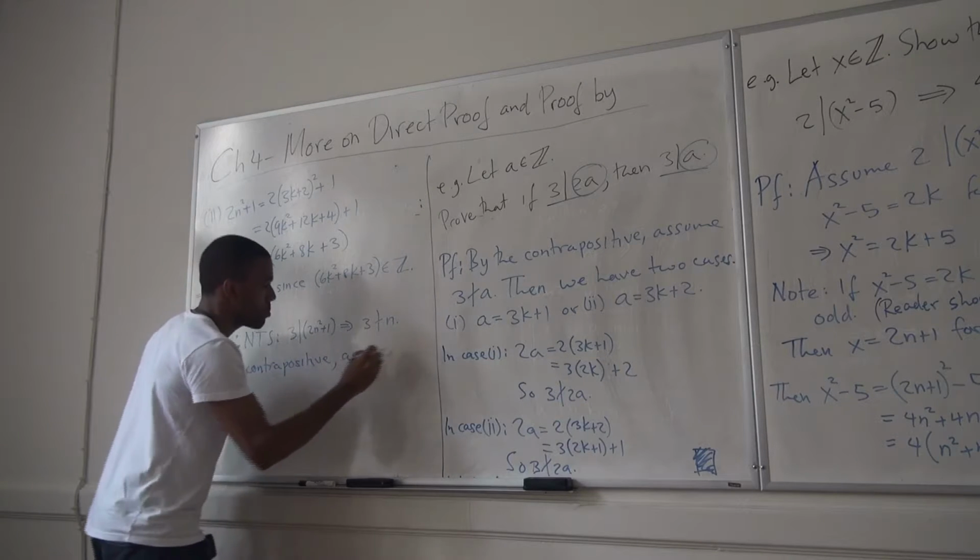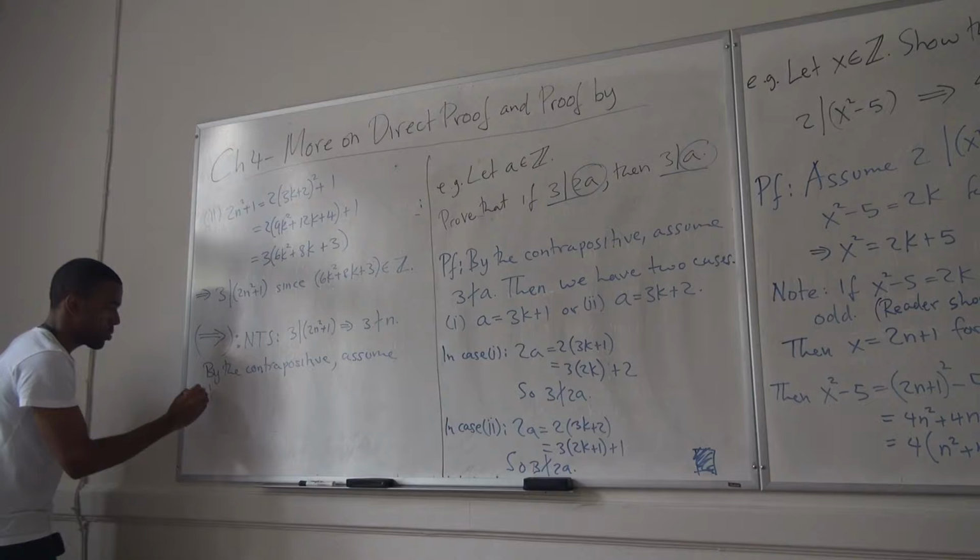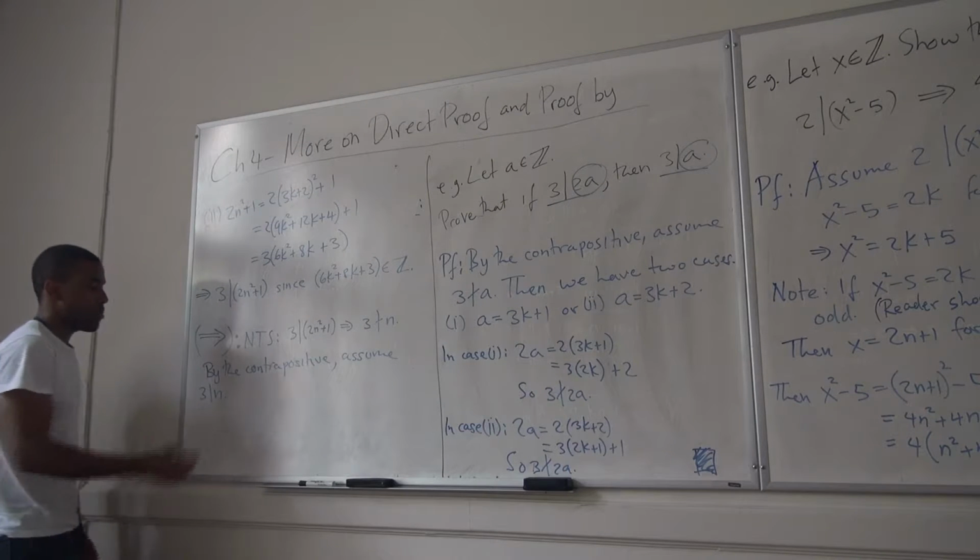So by contrapositive, assume, what would we assume? 3 divides n, right? We assume not that.